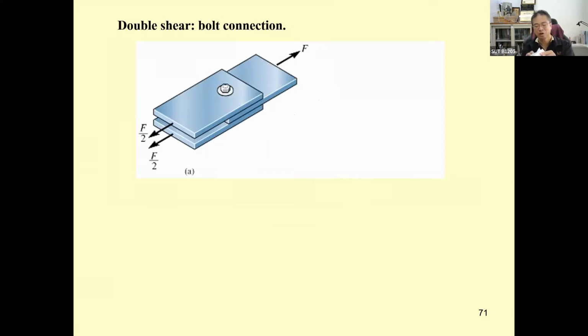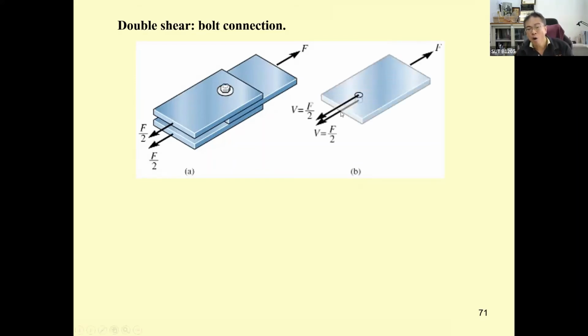And I already showed you about this type of thing. There are 3 plates connected to each other. If one is on the top and the other is on the bottom, if the force over here is F, the force over here is going to be half of the F. So the bolt over here will be subjected to half of the applied force.